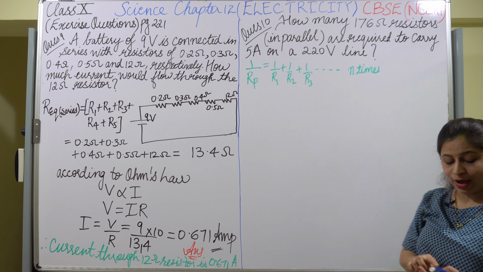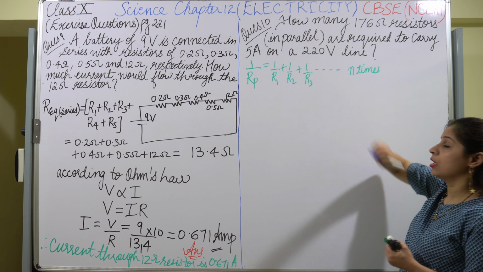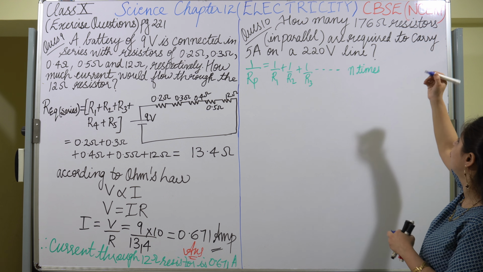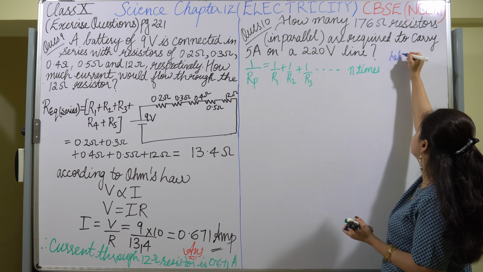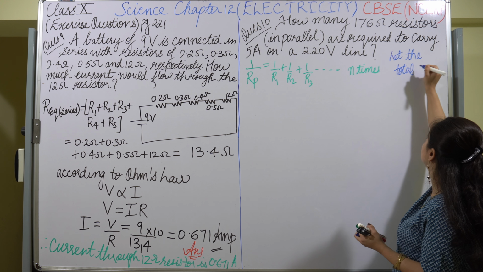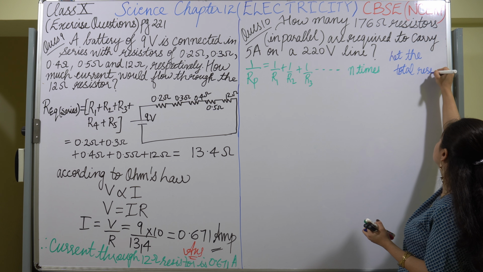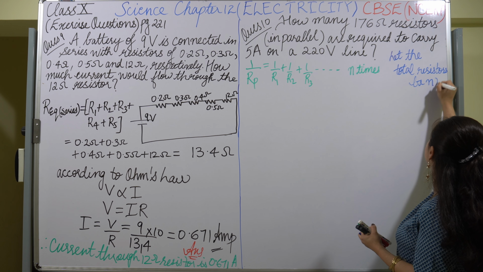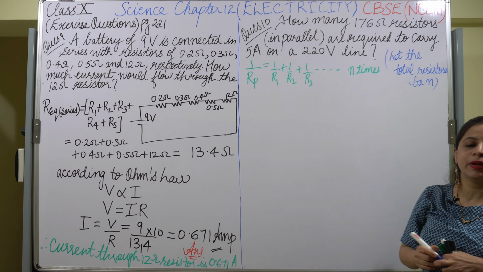Let the total number of resistors be n. We have assumed this in the beginning itself.